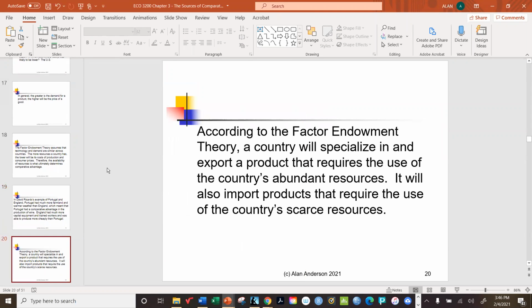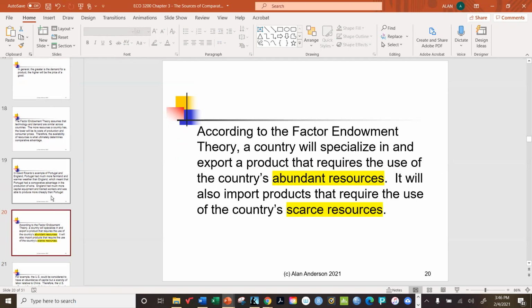Okay, so according to this theory, each country will specialize in and export the products which require the use of its, what we're going to call, abundant resources. So we're going to make a distinction here. A country that has a lot of one type of resource, those are said to be abundant, and the resources which are not so abundant are called scarce. These are the terms that they actually used.